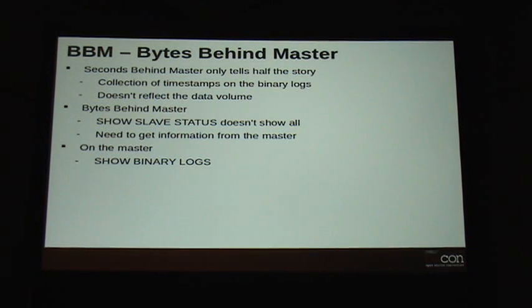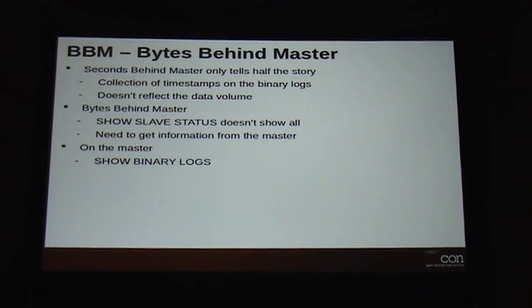I don't know if you know how MySQL binary logs work, but basically every statement you apply on the master that writes to the database is written to the binary log, and it's written in SQL format. It has a timestamp of when it was applied on the master.